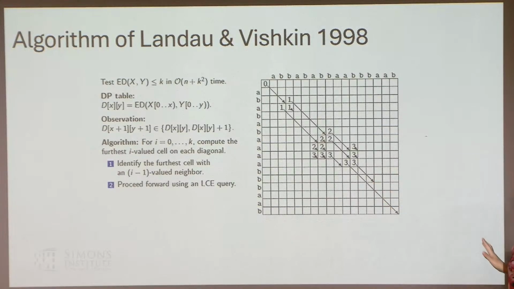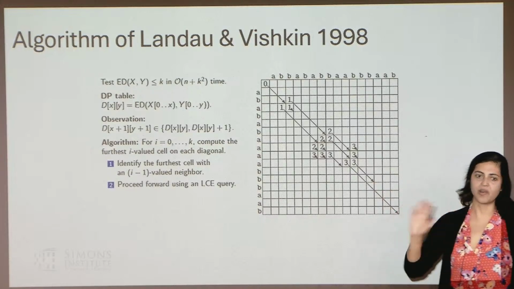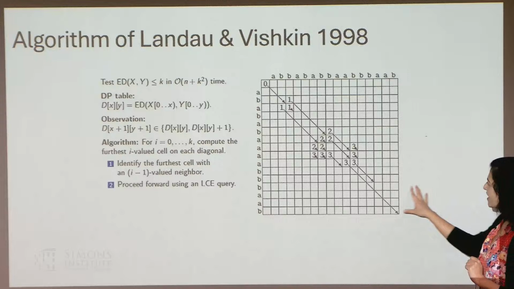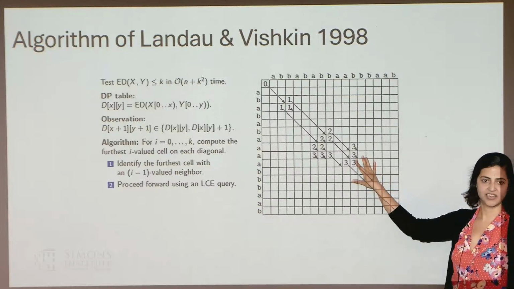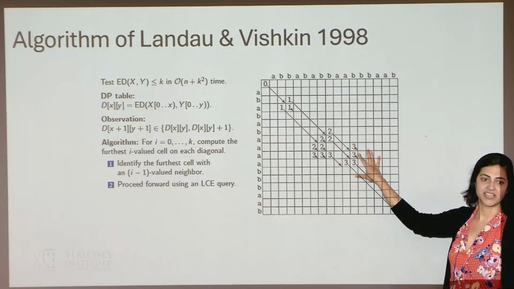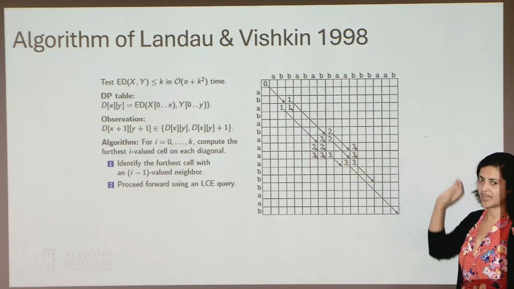What Landau and Vishkin showed is that you can pre-process the entire string in linear time, so that when you have to make an LCE query, those queries can be answered in constant time. Therefore, your running time is linear for pre-processing and constant for each of the order K squared LCE queries, and that gives you N plus K squared.